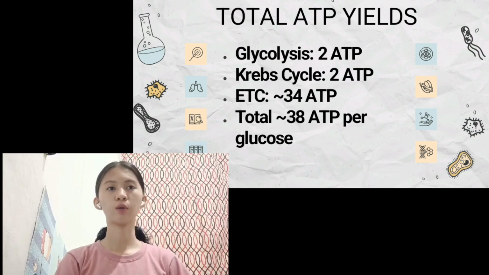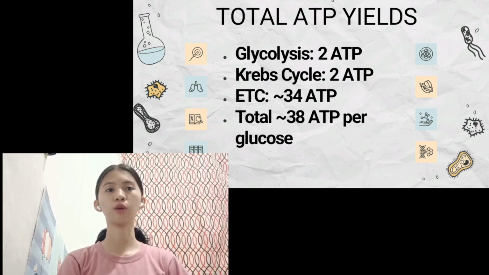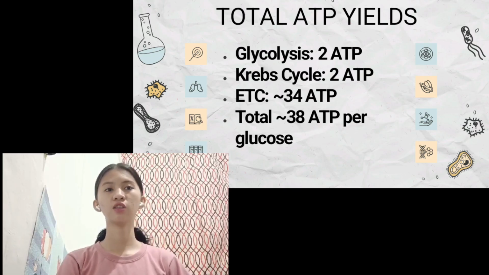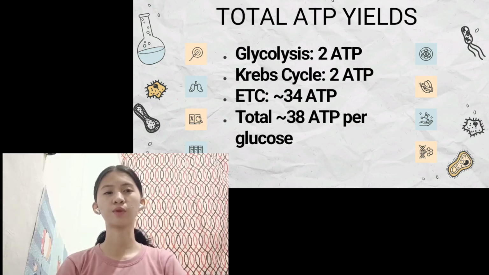When we break down one molecule of glucose during aerobic respiration, the energy is released in stages. First is glycolysis. It produces 2 ATP. Next is the Krebs cycle. It also produces 2 ATP. The biggest amount of energy comes from the electron transport chain.